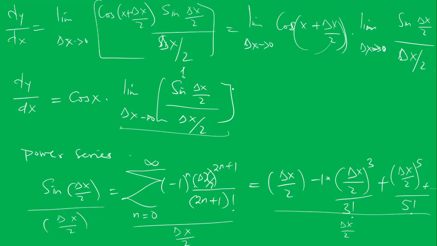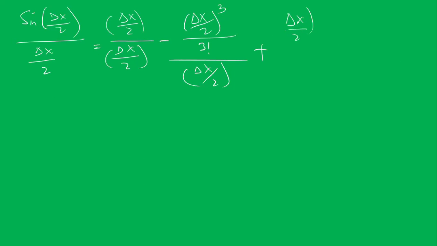So minus this expression, this will now be delta x all over 2 to the power 3 divided by 3 factorial divided by delta x all over 2, then plus delta x all over 2 to the power 5 divided by 5 factorial divided by delta x all over 2.